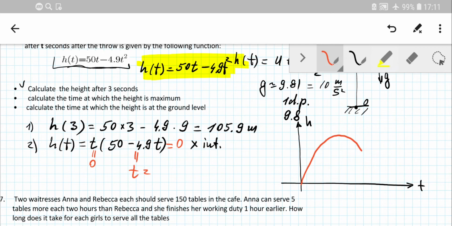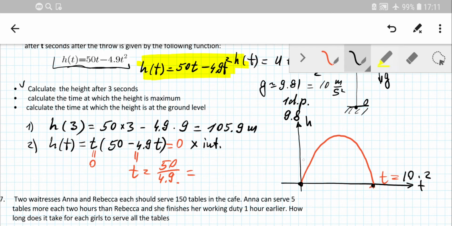So the second time is simply 50 over 4.9. This is my demonstration of how the parabola goes and how you quickly restore it and describe the shape. So the time is actually 10.2 seconds when you reach the ground back.